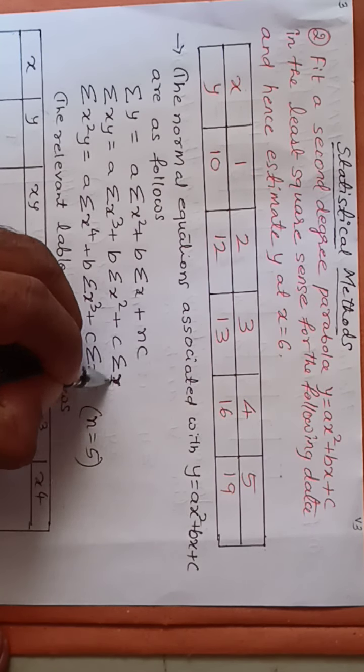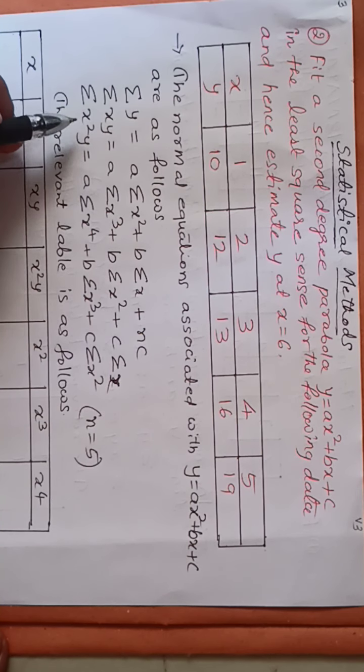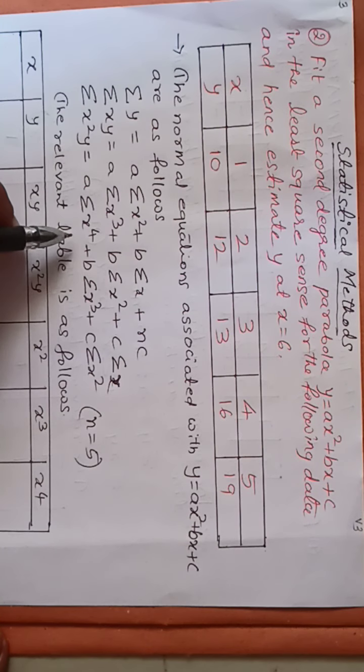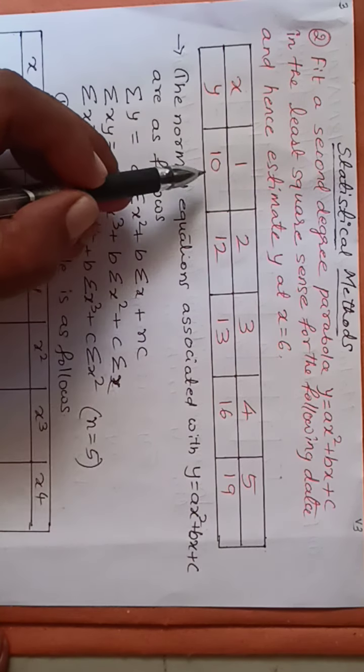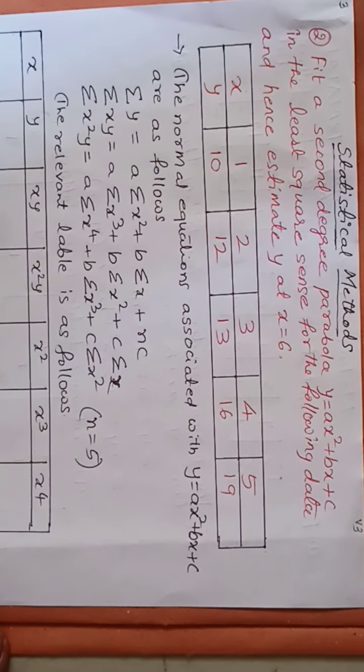Next, again multiply with x to get summation of x square y is equals to a into summation of x raised to 4 plus b into summation of x cube plus c into summation of x square. So n is 5.